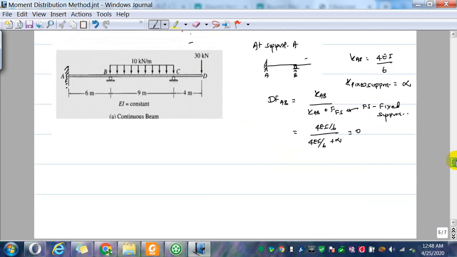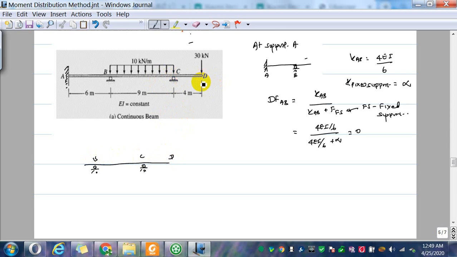Now, in a similar fashion, if you take BC, there are two ways you can approach BC. If I recall the learning we had, let me draw BC. Here B, here C, and D. For the component CD, the far end is free.